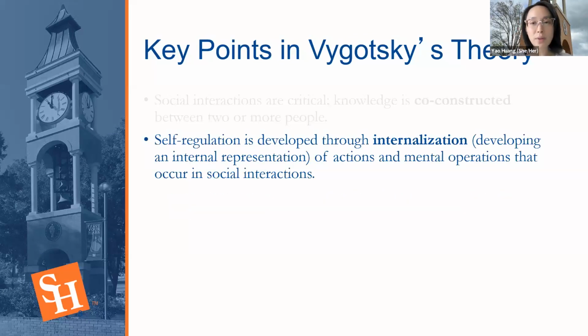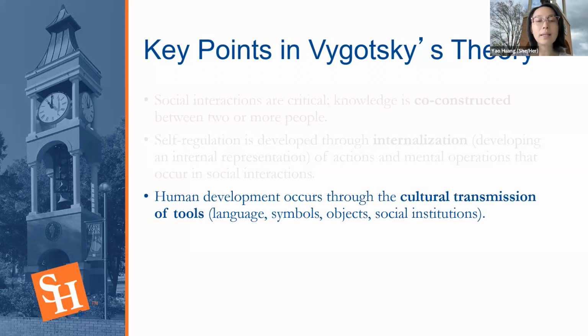One is self-regulation, which helps the internalization of actions, the mental operations that occur in social interactions. The third one is to develop knowledge through cultural transmission of tools such as language, symbols, objects, and social institutions. This is the area I see some of you are interested in, and I hope you can find out more about his study.